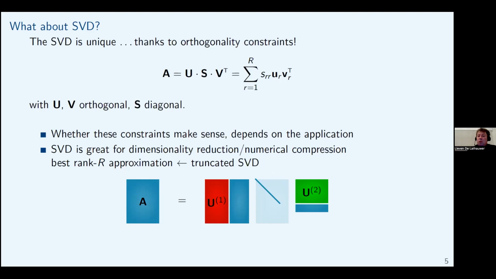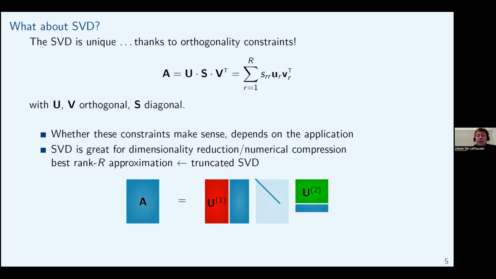So you have made the decomposition unique by imposing in an SVD that U is an orthogonal matrix and V is an orthogonal matrix. But maybe if you're looking for components in data, you don't have this double orthogonality.